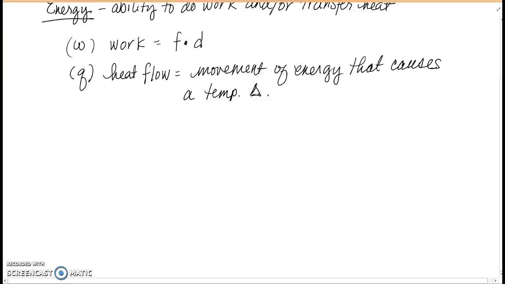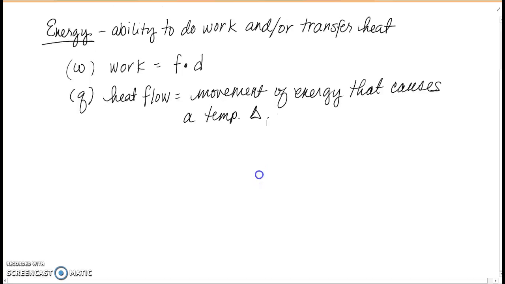Remember, delta means change. So when we talk about energy and its relation to heat and work, one of the important equations that we're going to be looking at is this one. Delta E is equal to Q plus W. And then we need to know a few things about Q and W, not numerically, but with the signs for that.